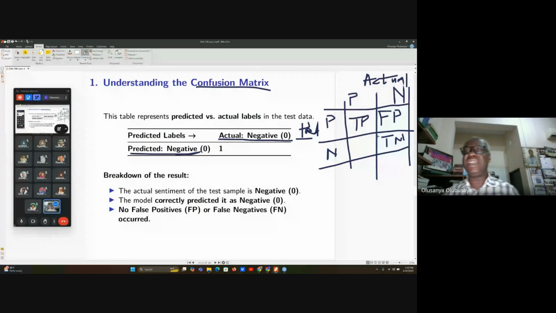Again, if you predicted negative, but they are positive, this is false negative.